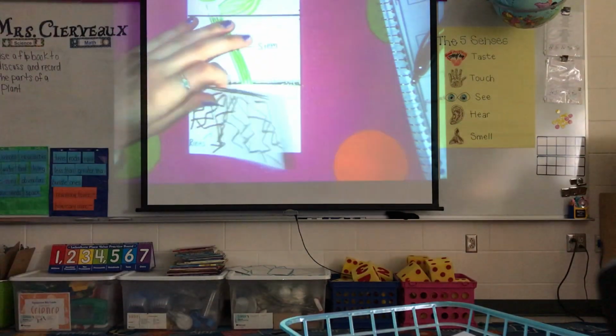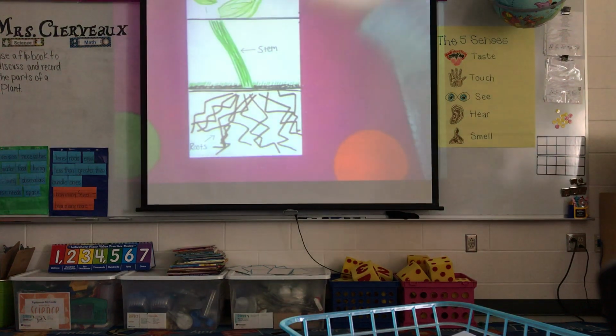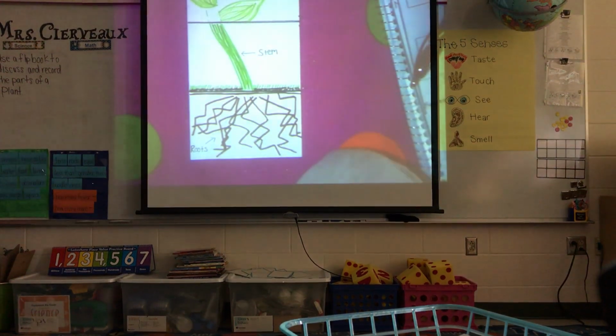So I'm supposed to be cutting them? Yes, so you guys need scissors now so we can start cutting. Thank you for reminding me. So go ahead and take out your scissors and cut across those black lines that I have. You should only cut 3 lines.